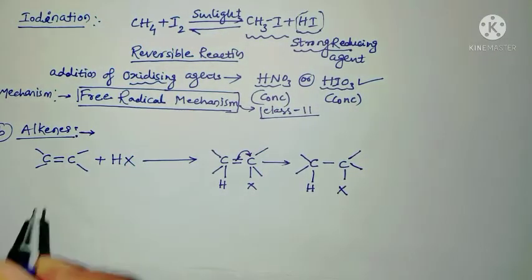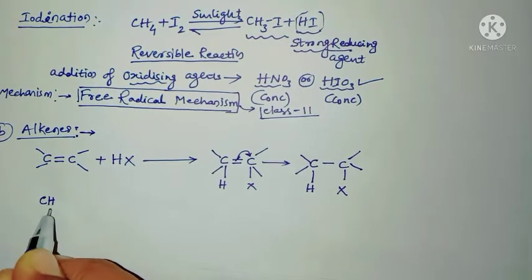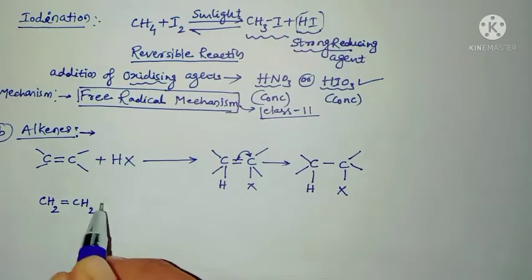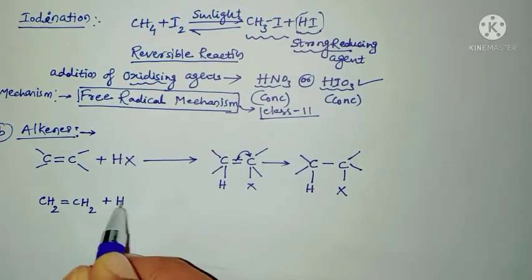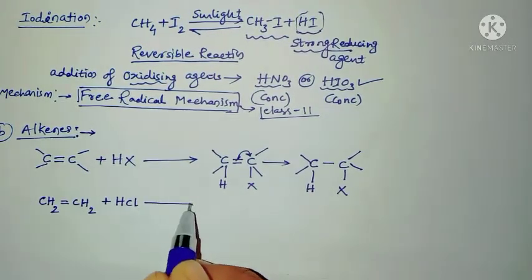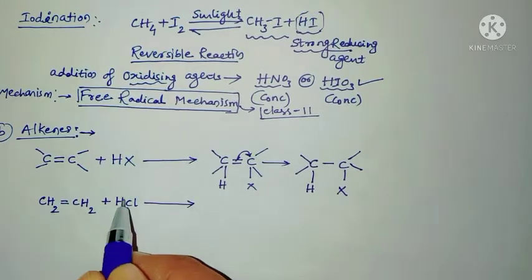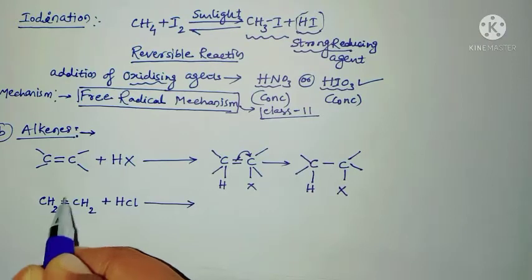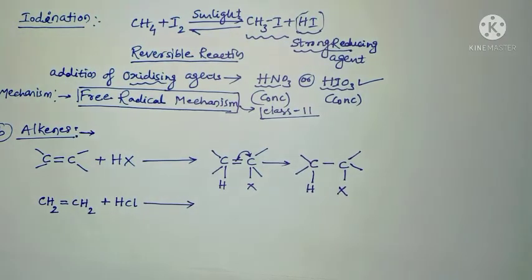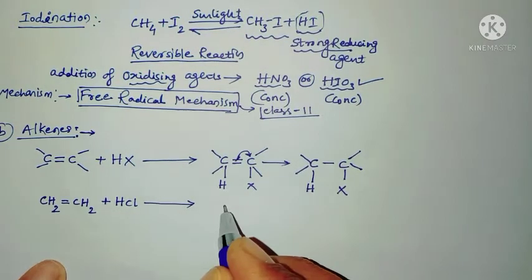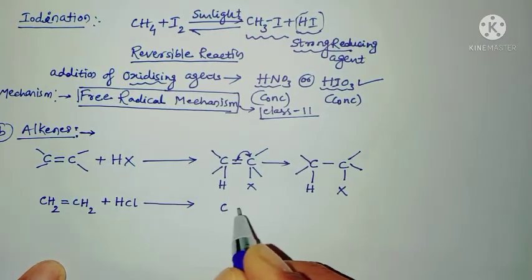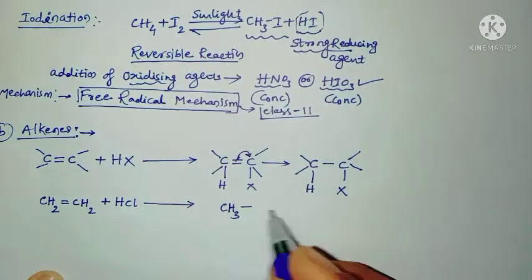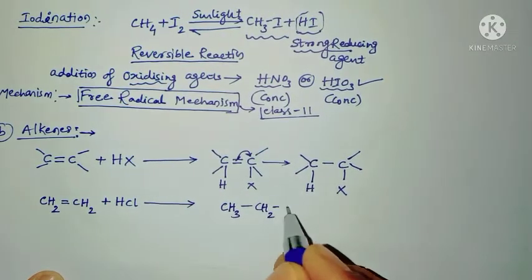If I take the example of CH2 double bond CH2 reacting with HCl, hydrochloric acid, it gives H plus and Cl minus. It adds across the carbon-carbon double bond, which breaks, and it becomes CH3, one hydrogen atom adding here, and then CH2Cl.